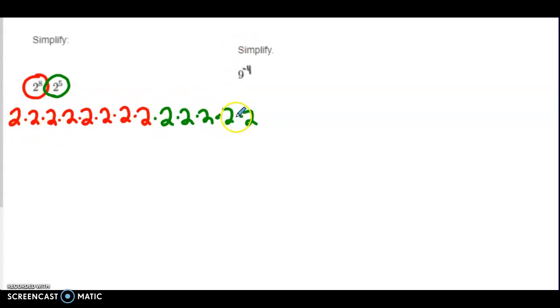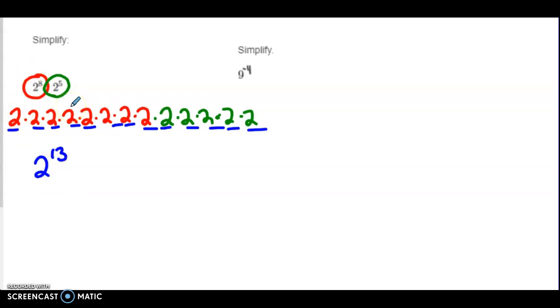So you could write it out all like that, or you could write it in exponent form, which means you just need to see how many you have. So 1, 2, 3, 4, 5, 6, 7, 8, 9, 10, 11, 12, 13. So you could write it as 2 to the 13th, or you can multiply that in your calculator. I'm pretty sure in this case, it just wants you to write it as 2 to the 13th power.